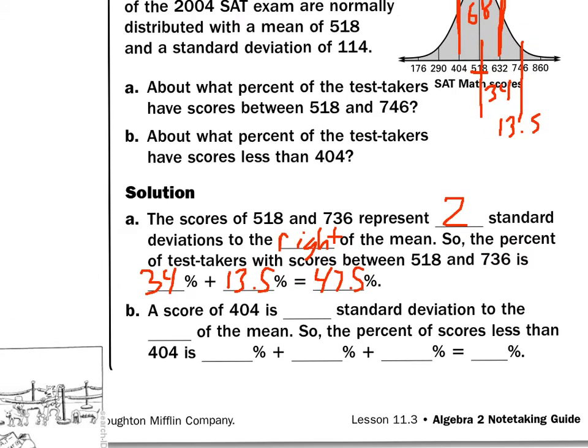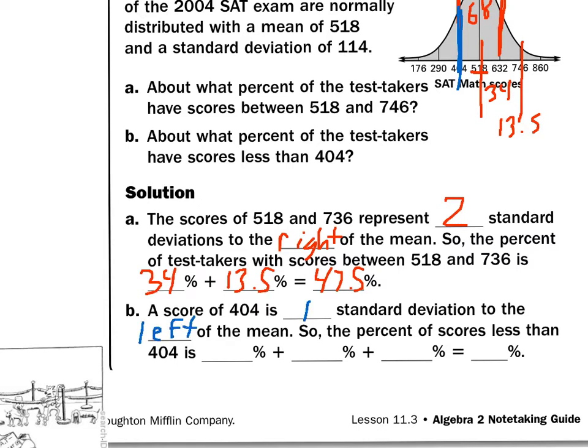All right. About what percentage of the test takers were less than 404? Well, 404 is right here. So that was one standard deviation away. There's 2 ways to do it. The score is 1 standard deviation to the left of the mean.